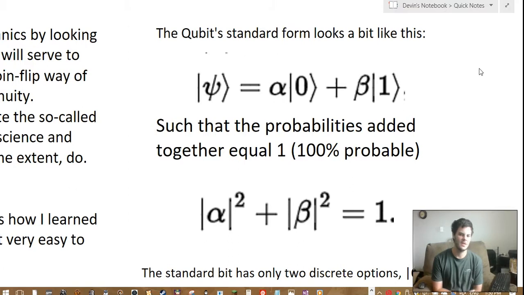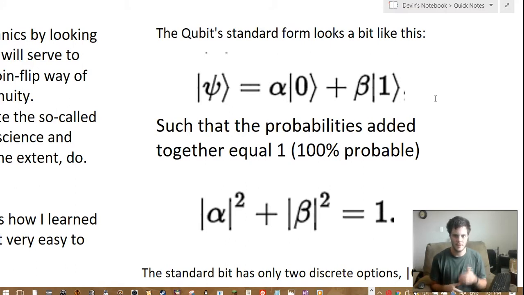So you have a probability of all of these states looking the same, and they all add up to 1, which means it's 100% probable. So you have this A0 term here, and B1 term, so you have some amplitude of this term added to some amplitude of this term, and it makes your whole wave function, okay?